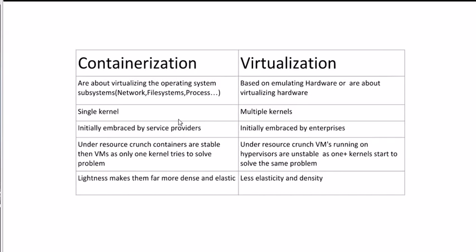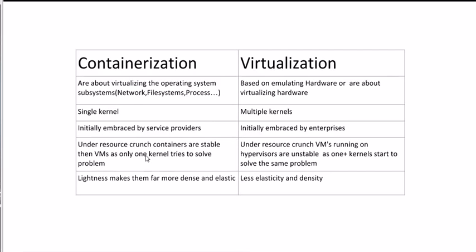In containerization, you will have a single kernel on top of which you will have containers. In virtualization, you will have multiple kernels. Containers were initially embraced by service providers, and virtualization was initially embraced by enterprises.